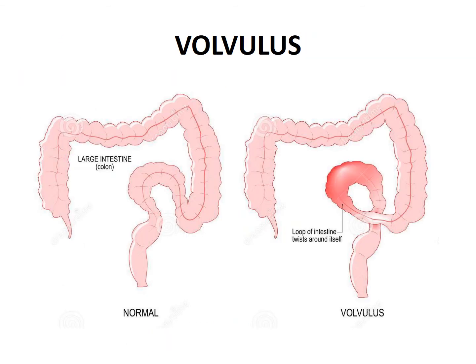So here this picture is depicting the normal large intestine, and this is the twisting which has occurred in this area, and this twisting has led to the loop of intestine becoming swollen, and this twisting is labeled as volvulus.